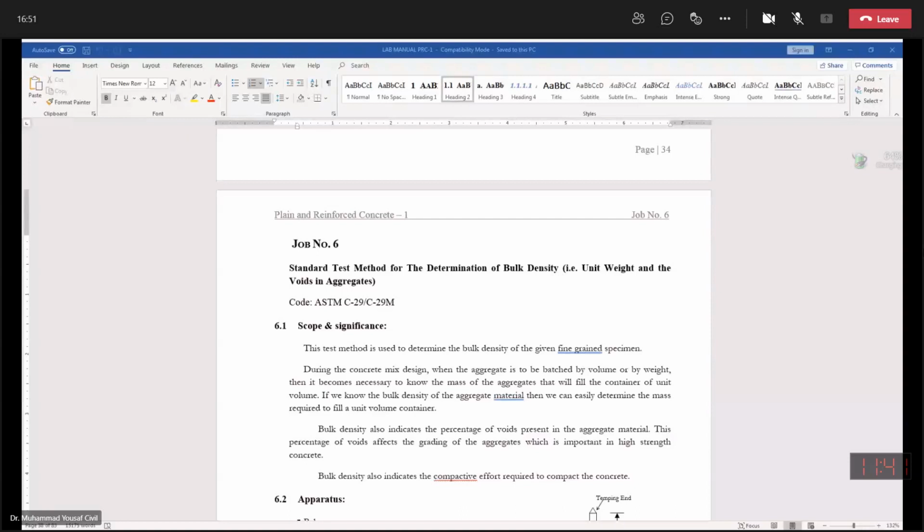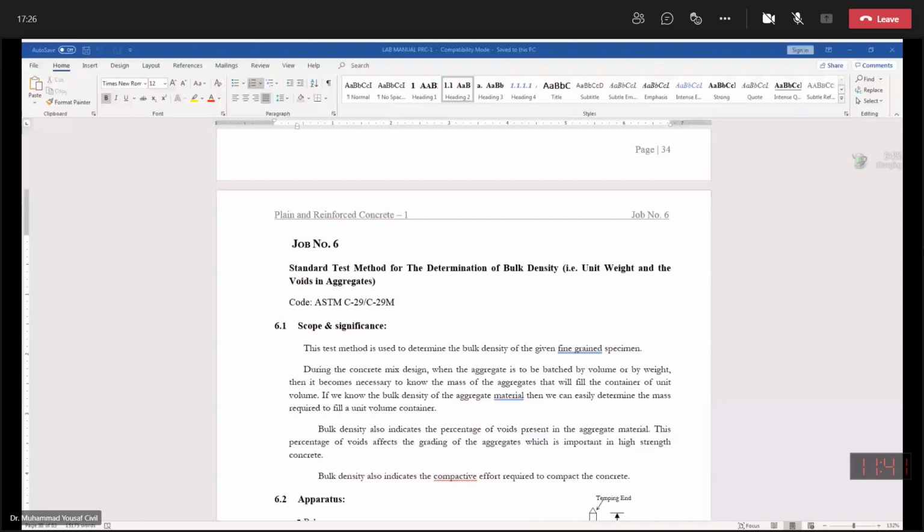Okay? Now, all this is very helpful in finalizing the mix design. It should be noted. At the start of this lab, I told you in early lectures that the basic outcome and benefit of conducting these PRC1 lab jobs is to finalize the mix design.